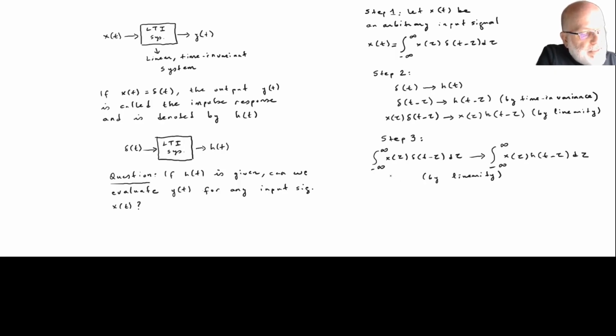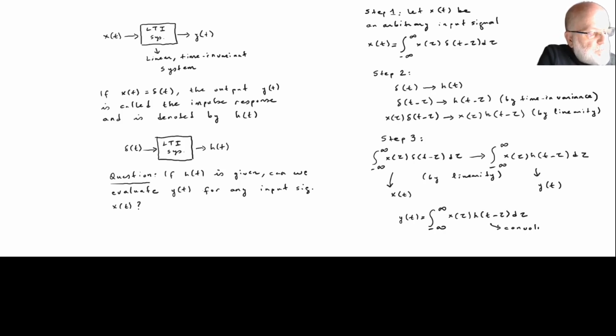But as you see, this term is nothing but x of t, the arbitrary input signal. Therefore, this term must be the corresponding output signal. Therefore, y of t is given in terms of such an operation: x of tau multiplied by h of t minus tau and integrated. This integral is called the convolution integral.